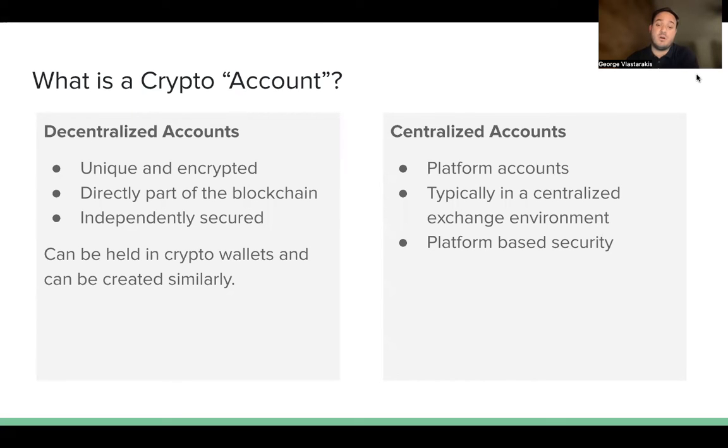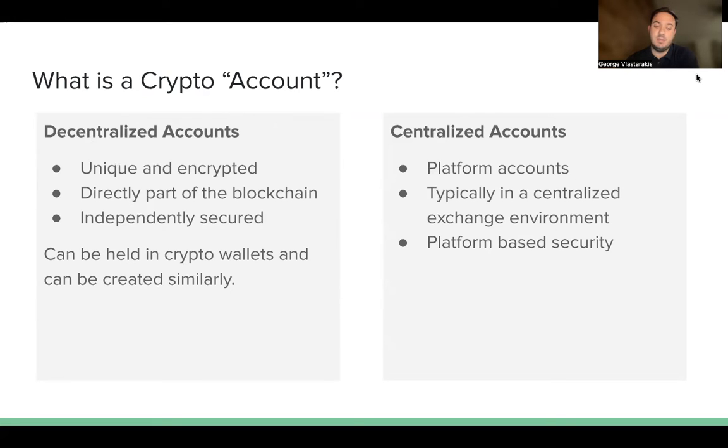Decentralized accounts are usually unique and encrypted. They are directly part of the blockchain, and they are independently secured in most cases. They relate to an address, as we talked earlier, that is part of a blockchain. So a user that has an Ethereum account, for example, on the Ethereum blockchain can directly hold Ethereum in their balance.